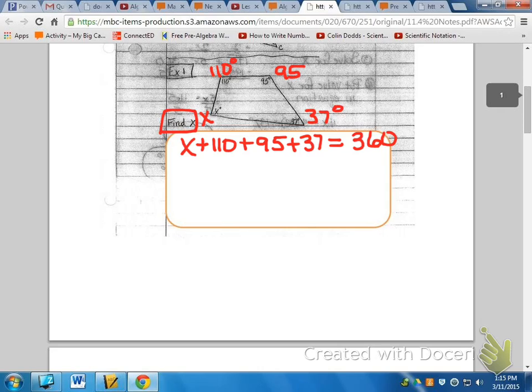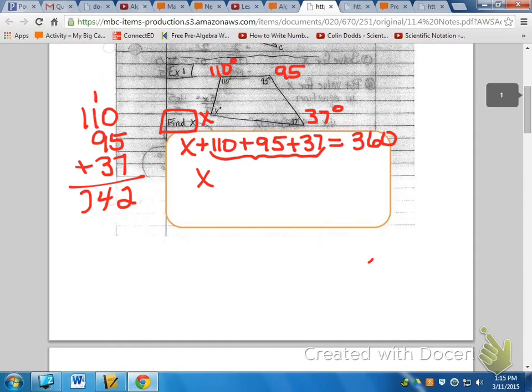Anytime we're solving equations, we combine like terms. So we combine 110, 95, and 37. That adds up to 205, and then 37 plus 205 is 242. So 242 plus X equals 360.